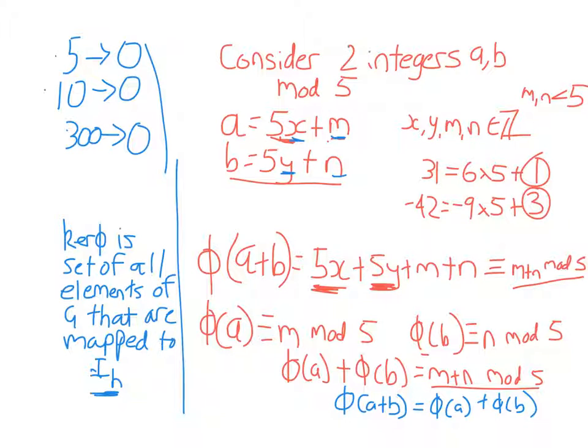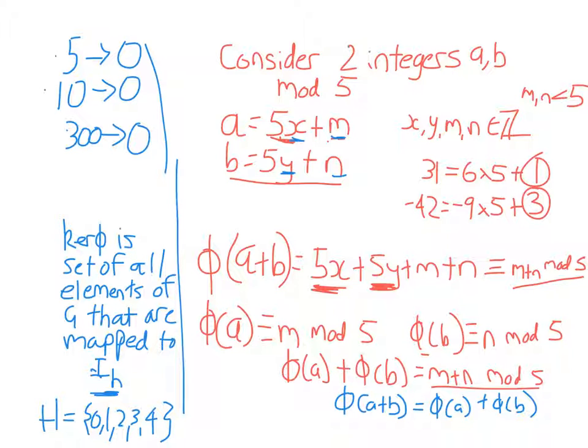So the kernel of the map phi, which reduced an integer modulo 5, would be all multiples of 5 because they are the elements that get reduced to 0, the identity in H. H, of course, in this case, was the group 0, 1, 2, 3, 4, the integers modulo 5, okay? So the kernel is the set of all elements in the first group that are mapped to the identity in the second group by phi, which is the homomorphism, all right?